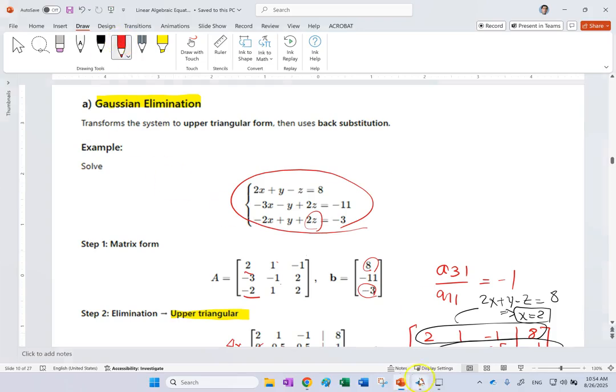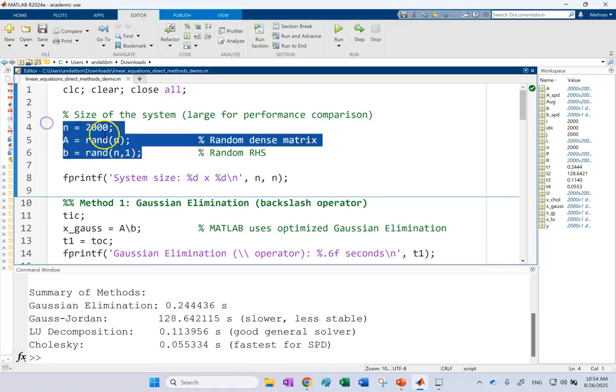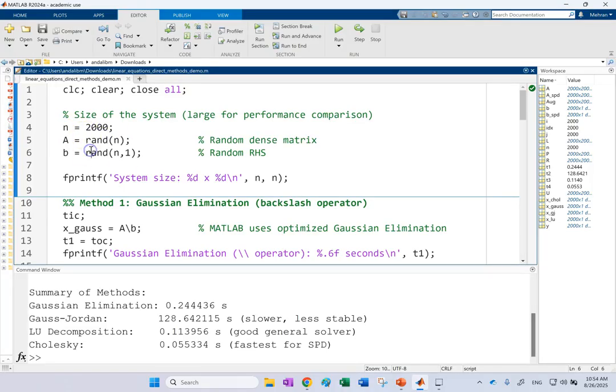So if I show you in MATLAB, here I have a system of equations with 2,000 equations and 2,000 unknowns, and A and B are coming from random numbers. In MATLAB, the solution is coming from A backslash B. That is called optimized Gaussian elimination, and it's optimized so it does it as fast as possible.